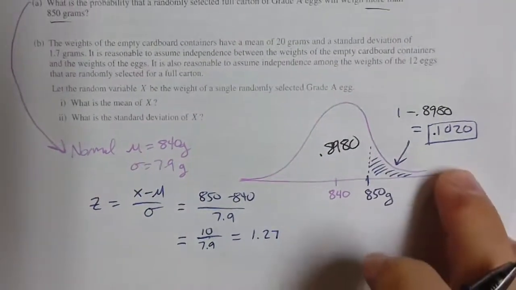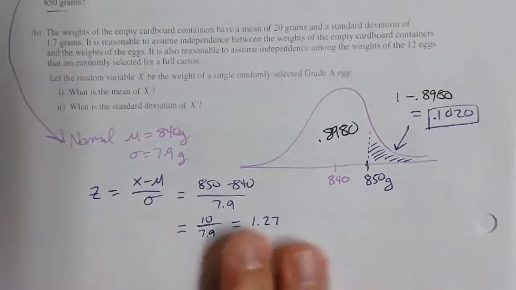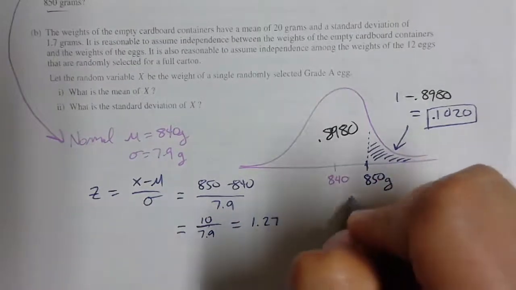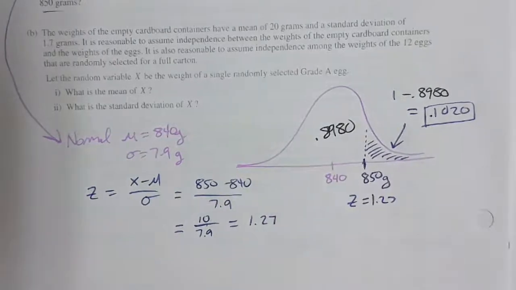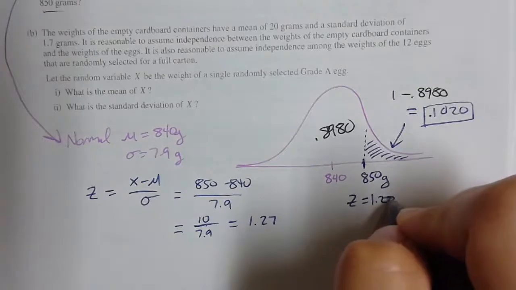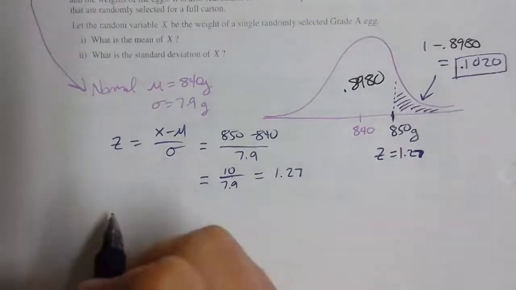And again, this is full credit on an AP exam. You've got the sketch. You've shown how you calculate z. We've shown that we've looked up z, and one thing that might be nice to add here is where the z-score is located, at 1.27 standard deviations above the mean. I always like to just summarize it down here, though.